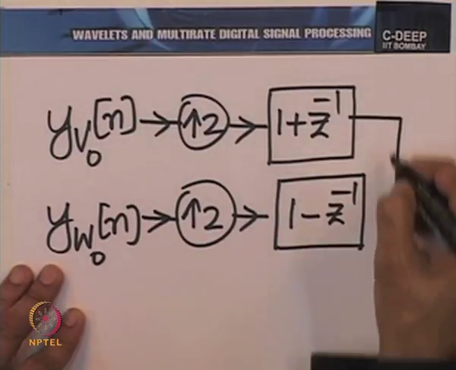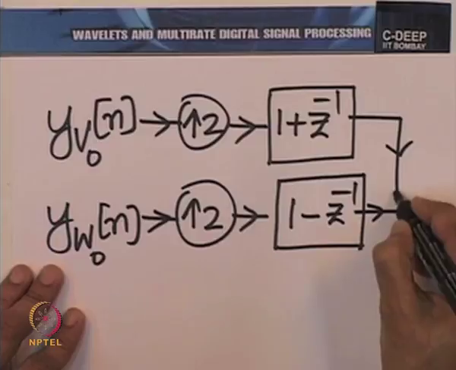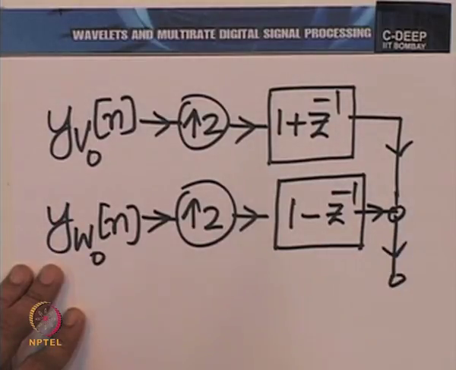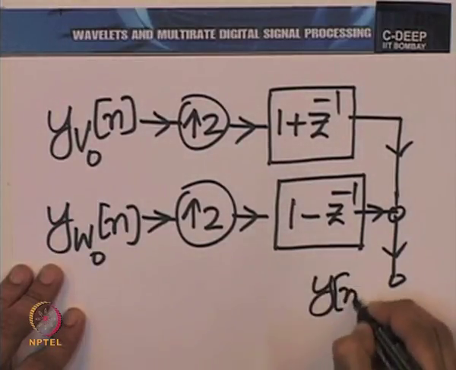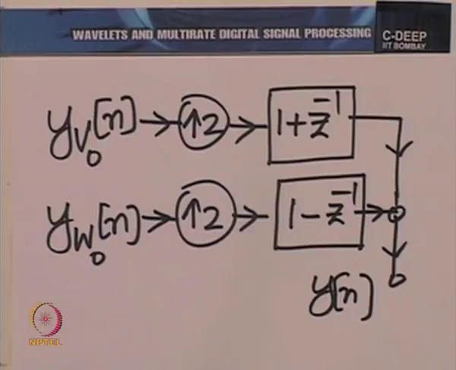And these are being added to produce y n. We shall delve further into this structure in the next lecture. But what we have just done a minute ago is to construct a synthesis filter bank for the Haar multi-resolution analysis. We shall build this further in the lecture to follow. Thank you.